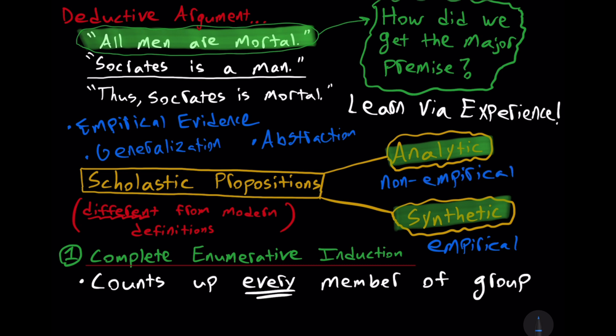However, note that an analytic proposition is not just true by definition. This type of viewpoint, where we're comparing analytic propositions with synthetic propositions, is different from the modern definition of what it means to be an analytic proposition. So in contemporary analytical philosophy, an analytical proposition is just true by definition. But here, an analytic proposition takes a broader, wider scope.